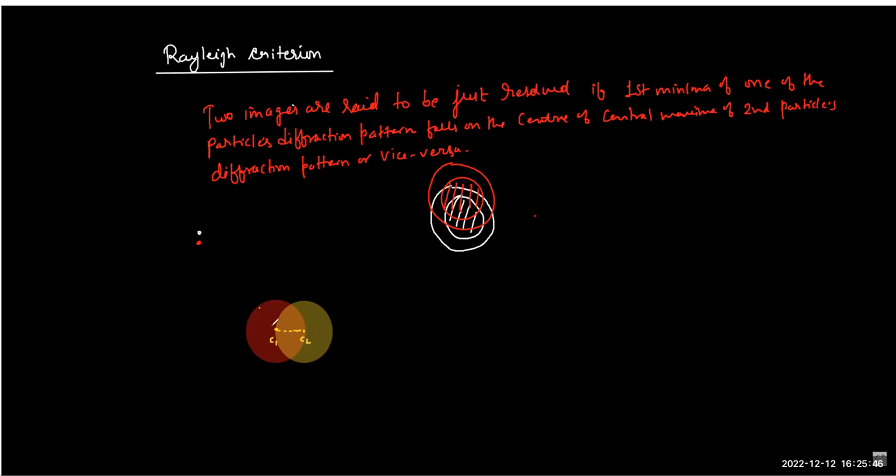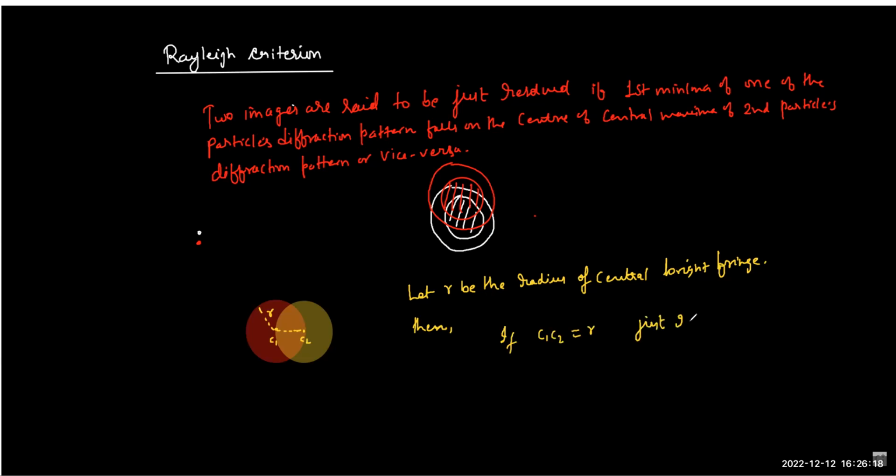So if the radius of the central bright fringe is R, then if C1C2 equals R, we say just resolved. Less than R, unresolved fully.